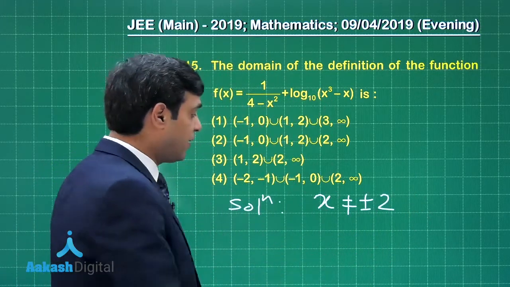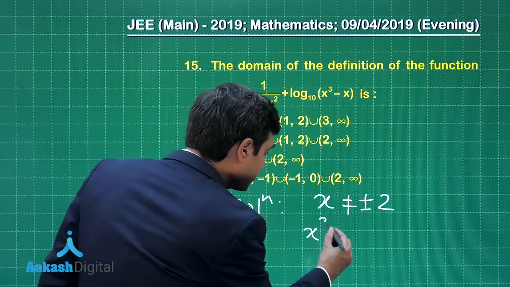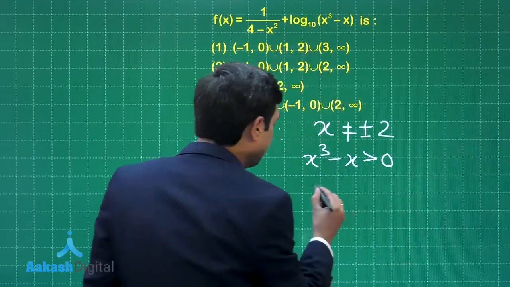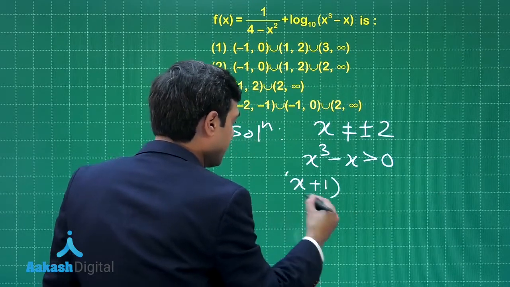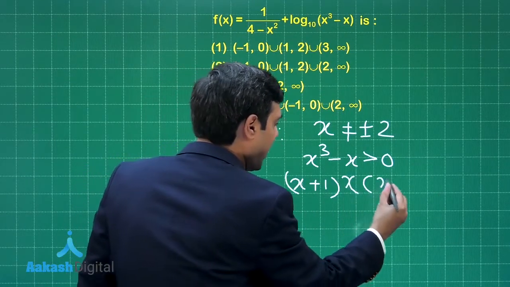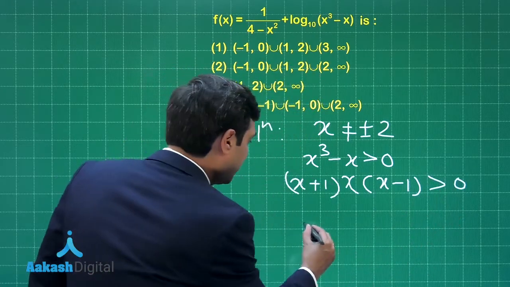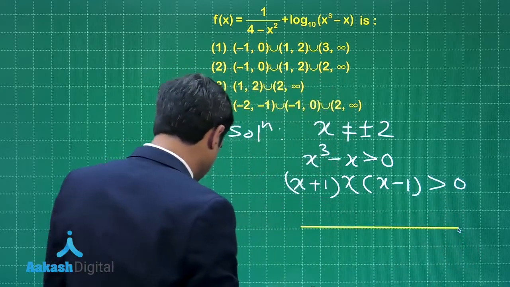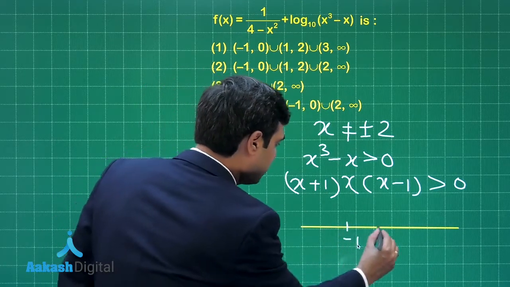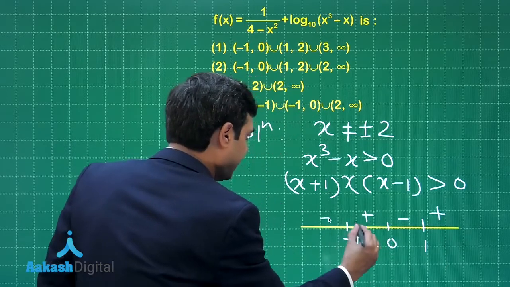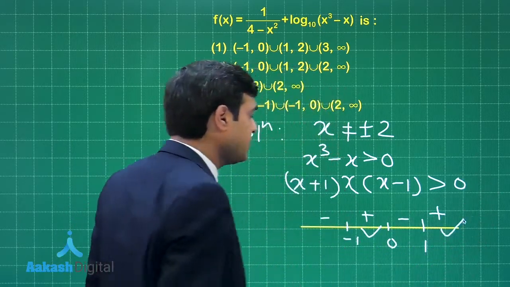For the logarithmic function, the requirement is x cube minus x must be greater than 0. That means (x plus 1), x and (x minus 1) is greater than 0. If you draw the number line, you can see here minus 1, 0, 1, with signs plus, minus, plus, minus. So these are the possible intervals.